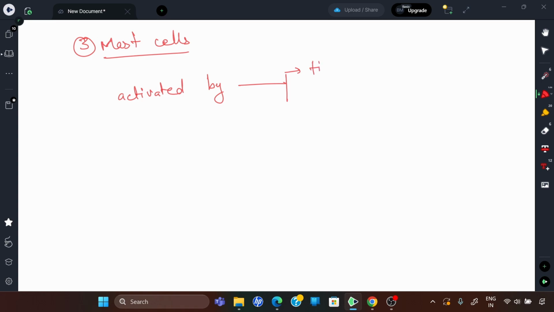The first one is tissue trauma. Apart from that, they can be activated by some of the complement proteins, mainly C3a and C5a, right? And the third way to activate the mast cell is by cross-linking of the IgE present on its surface by the antigen, right?